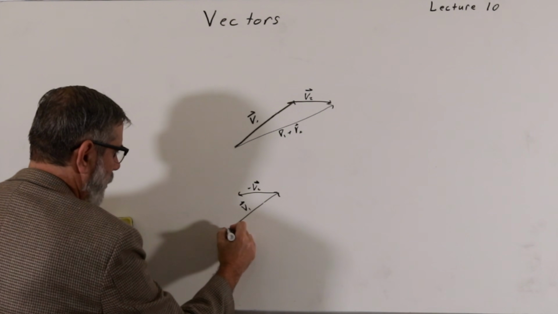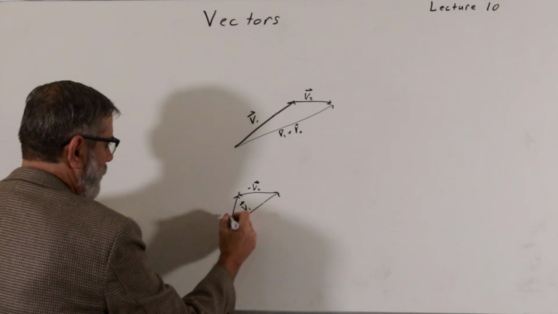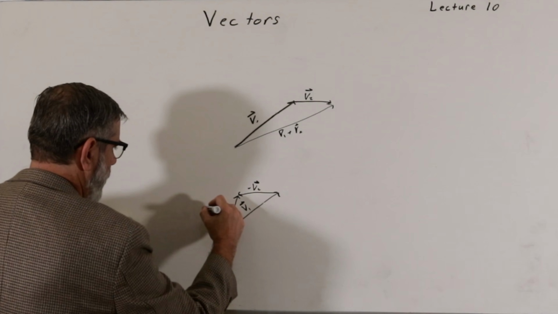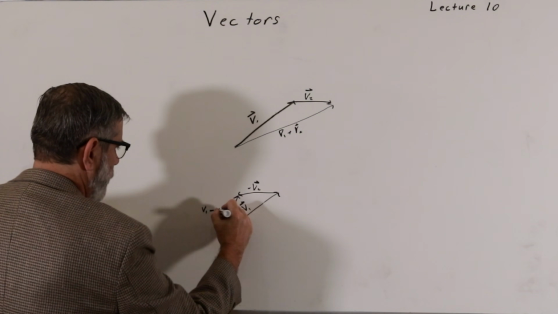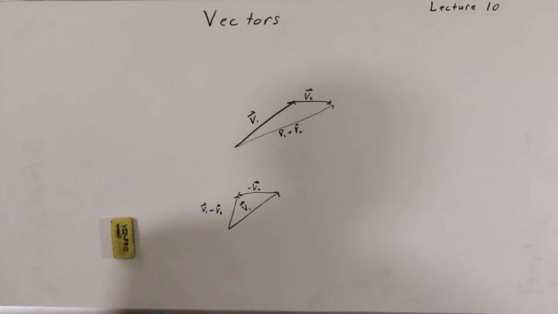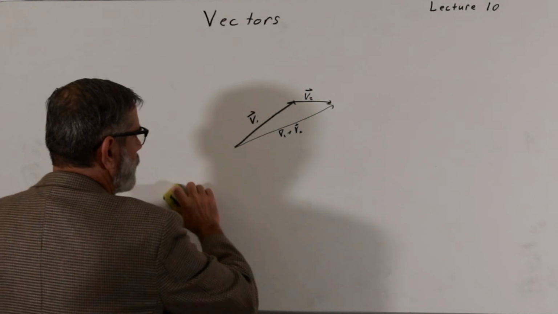Now, going from the tail of the first one to the head of the second one, we get that this is V1 minus V2. So that's geometrically, and we're not going to have occasion to use that directly.